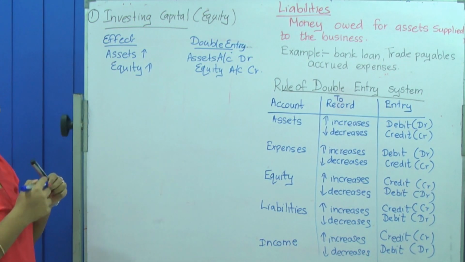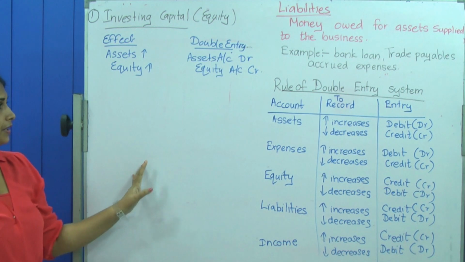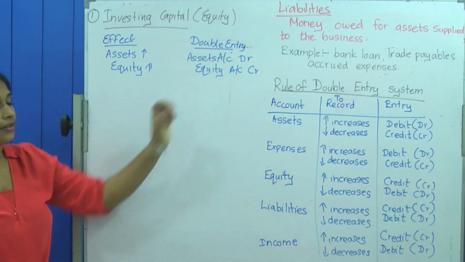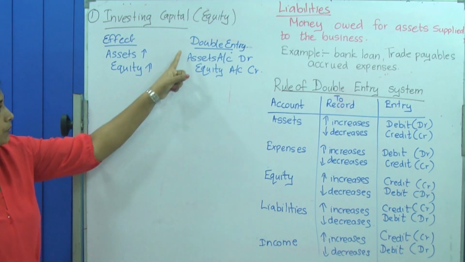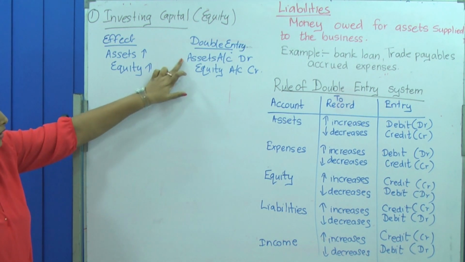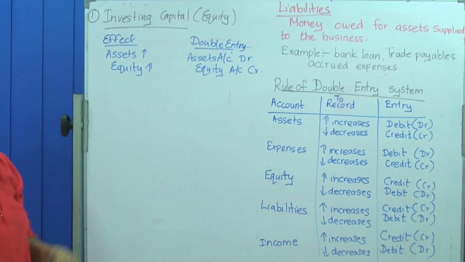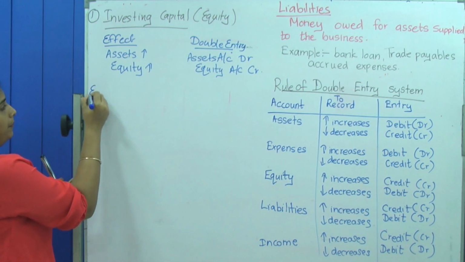So when you invest cash, the cash account will be debited, and that amount will be credited to the equity account. This is what Father Luca Pacioli has said: when you enter one debit entry, there is always a credit entry for all transactions. Now we'll look at an example.